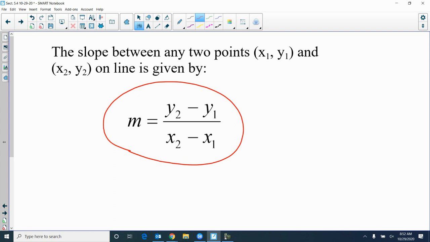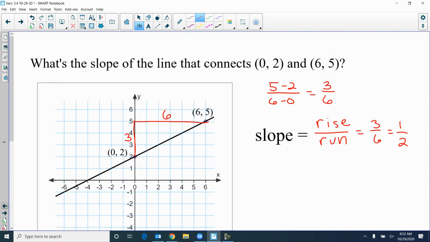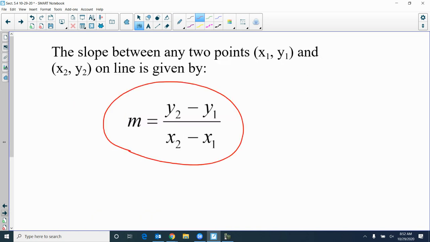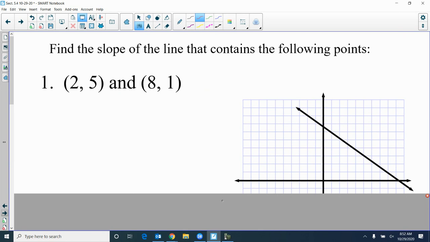Basically, it tells you to subtract the y's on top and the x's on bottom, because the y's give you the rise, how far it goes up, and the x's give you the run, how far you go across. But you have to watch the order that you subtract. You don't subtract these two with these two; do the second y first, and then the second x coordinate. So rise over run for that one. It says find the slope of the line that contains the following points.